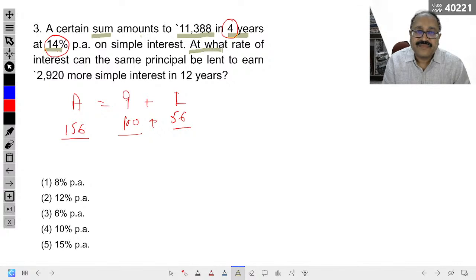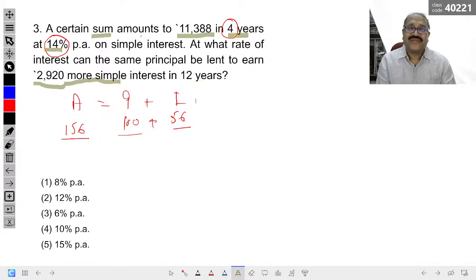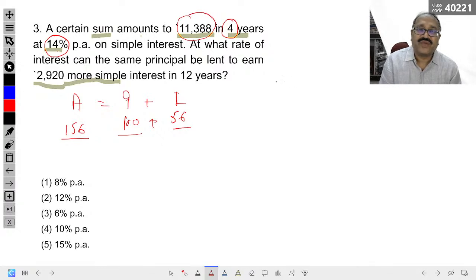What is the question? At what rate of interest can the same principal be lent to earn rupees 2,920 more interest in 12 years? So here is one thing I would like to highlight. The old amount, amount 1, is 11,388, and what will be amount 2?